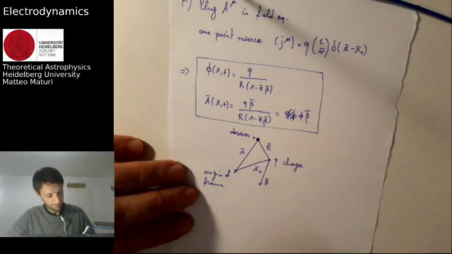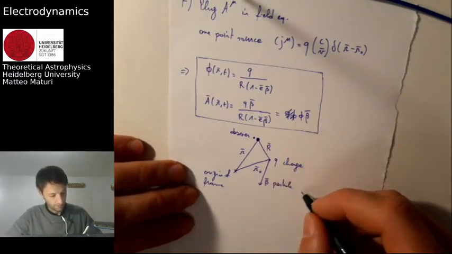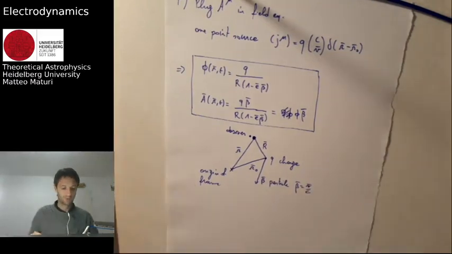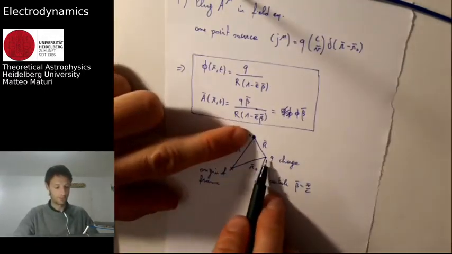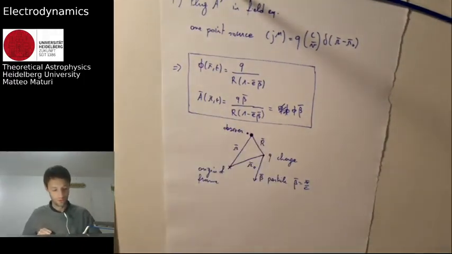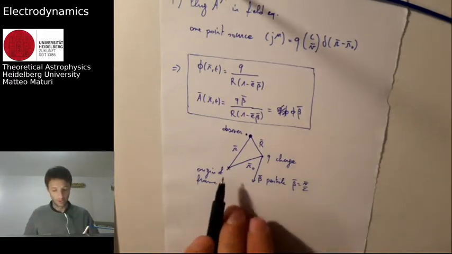Okay? Particle velocity, remember that beta is equal to v over c. Okay, so that's the scenario. We are here and we perceive the potential of this charge after a certain time, where the origin of the frame has been set in a generic location here.